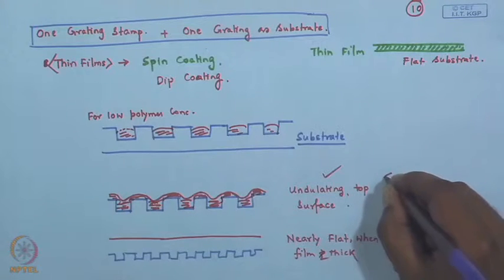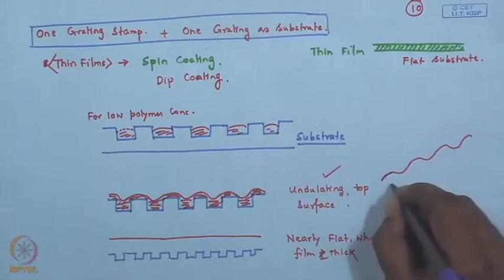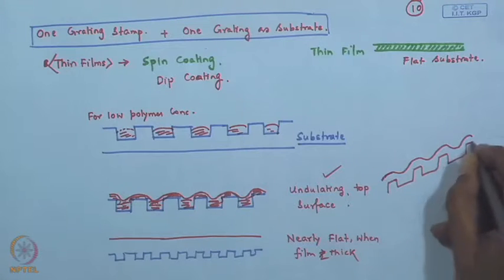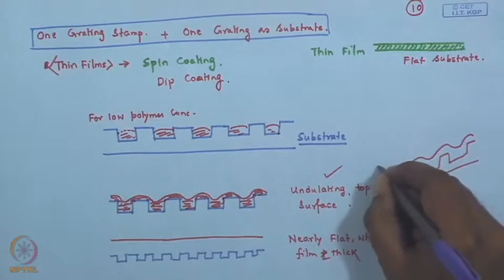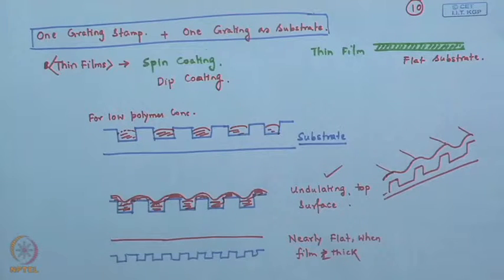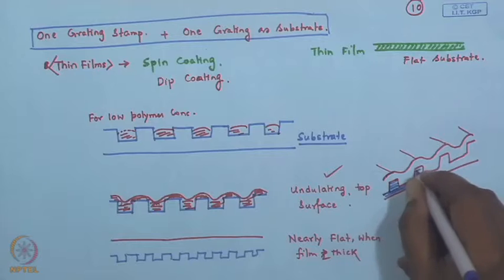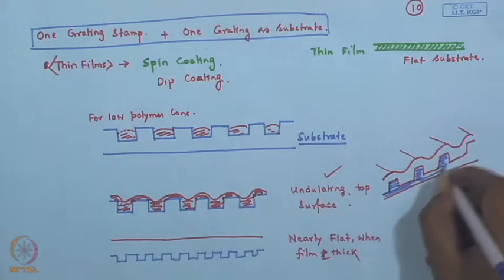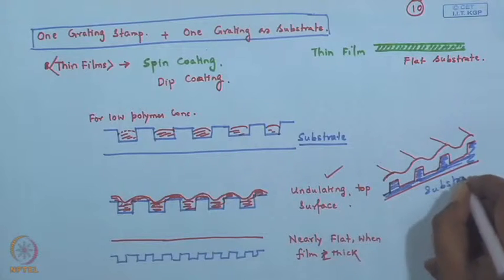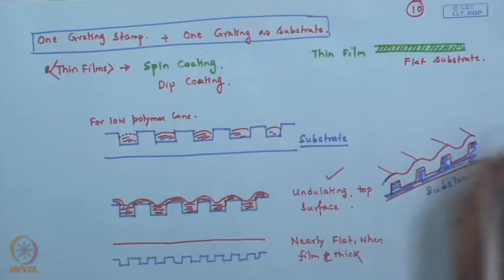So, the film after coating would look something like this, and this is the substrate and this is the film with the undulating top surface.